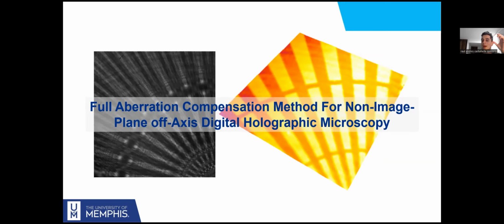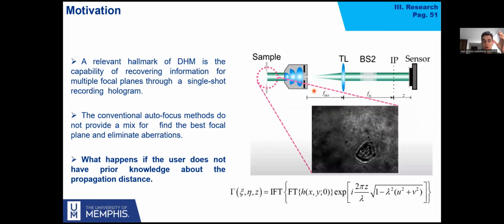But what happens if the hologram is recorded in a configuration that is not image plane, which means the camera is not located in the bifocal plane of the tube lens, not located at the object plane? In this configuration, it's necessary to elaborate an in-focus step, right?